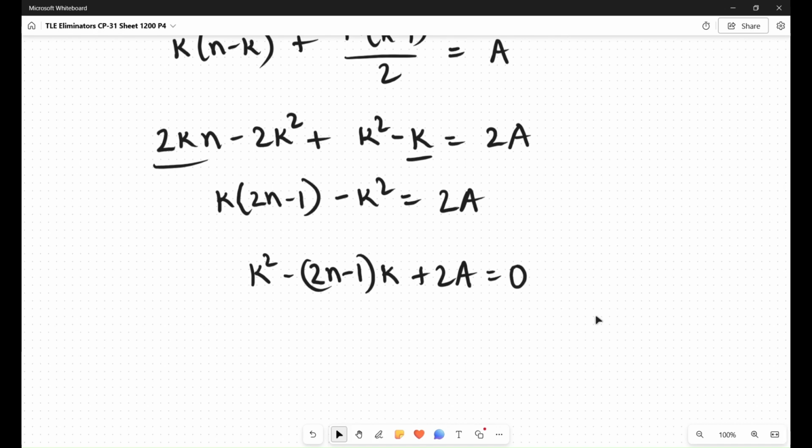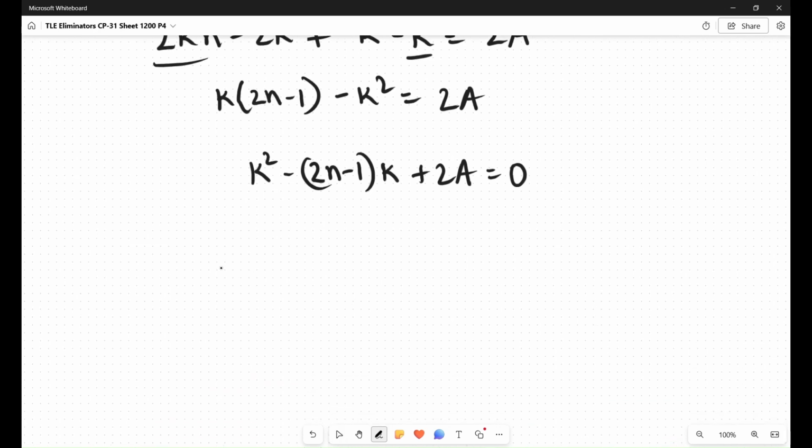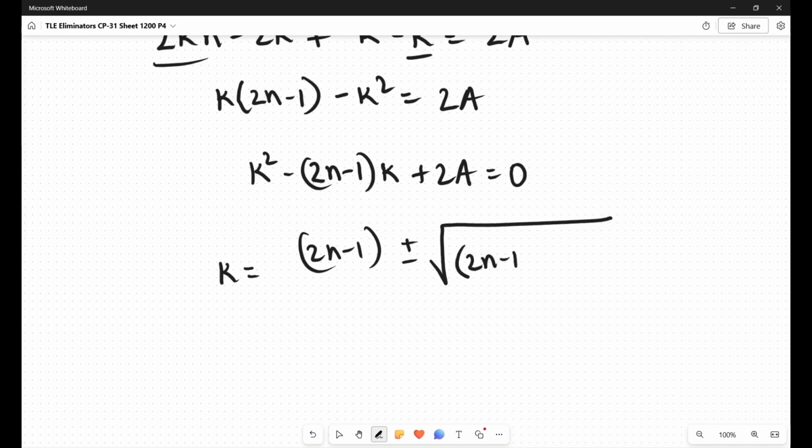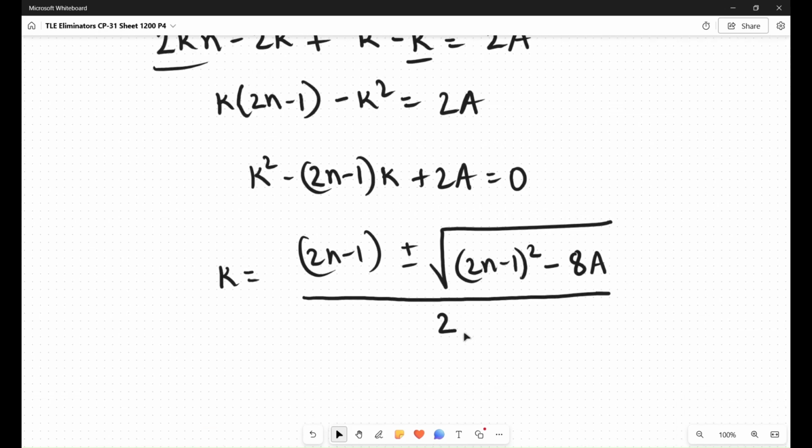And from here you will get two values from the quadratic equation. k will be 2n minus 1 plus minus root over 2n minus 1 square minus 4ac, which will be 8a, divided by 2. So here's the thing, you know n, you know a, you know both of those values, right? n will be given.